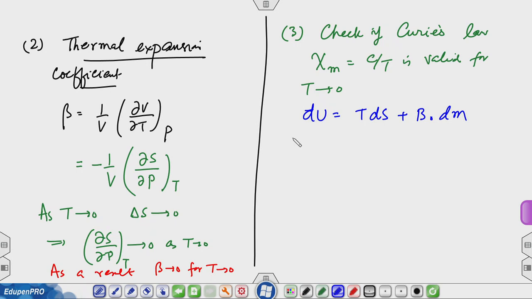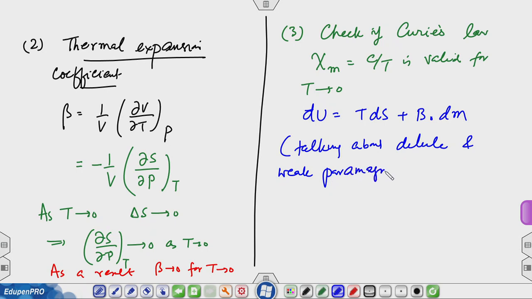We are talking about a dilute and weak paramagnetic substance. Therefore, I have written the applied field B0.